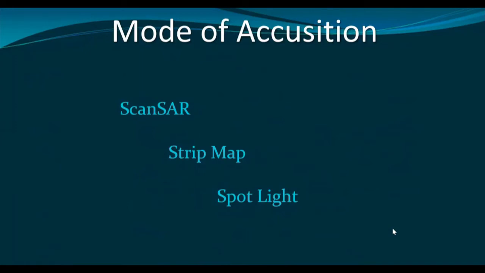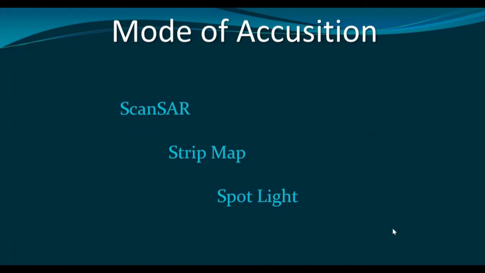It can be classified from different points of view. One point of view is the mode of acquisition, how the image is being acquired. In this case, three different types of synthetic aperture radars can be found: ScanSAR, Stripmap, and Spotlight.